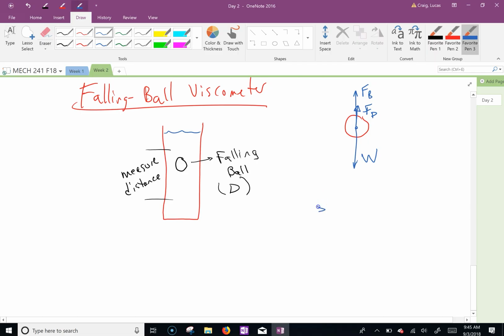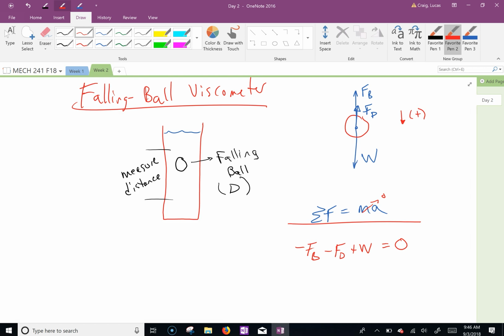So if we now do Newton's second law on this, we can use forces acting on this ball, and we're going to assume that it's no longer accelerating because it reached terminal velocity. We can plug those forces back in, and we can figure out how to find the viscosity.